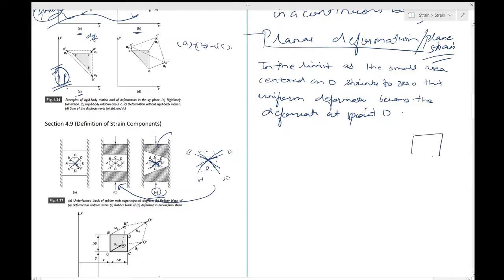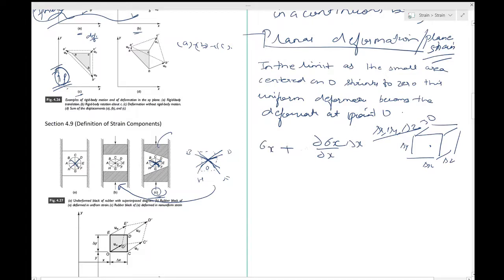Remember the cube which you had in the previous case. Delta x, delta y, delta z, and the whole point was that all these delta x, delta y, delta z eventually tend to 0, and that's why you could write, say, dou sigma x by dou x into delta x plus sigma x on the other face.